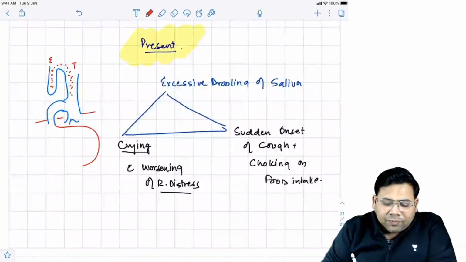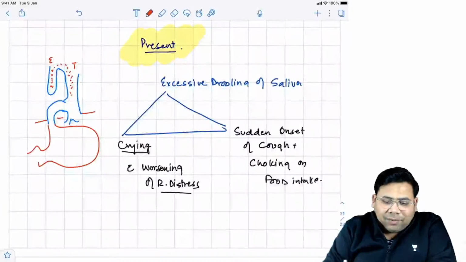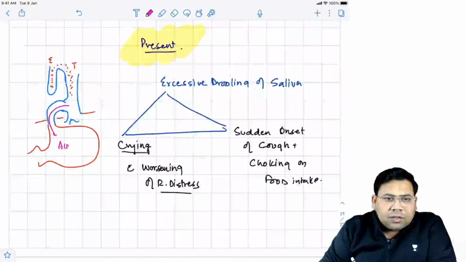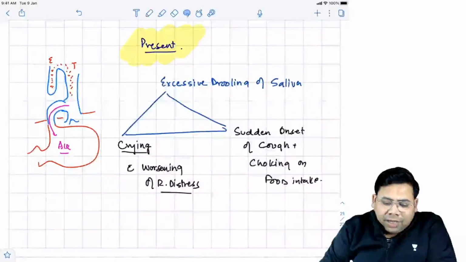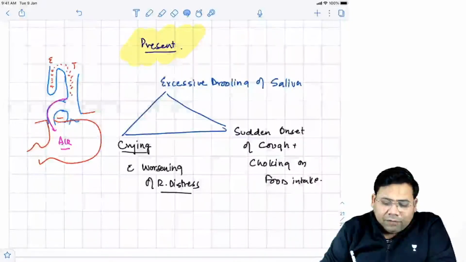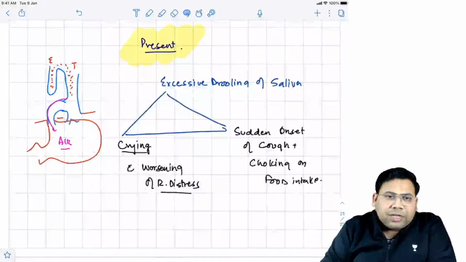Because of this, the baby will cry. When the baby cries, the air is pushed into the stomach, and when air is pushed into the stomach, it will push the diaphragm up.